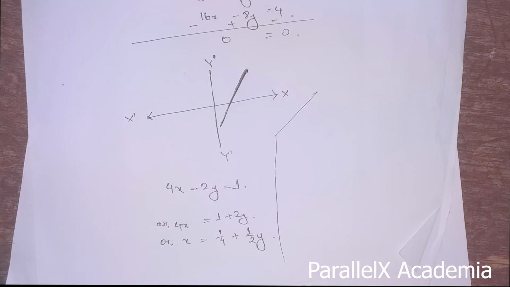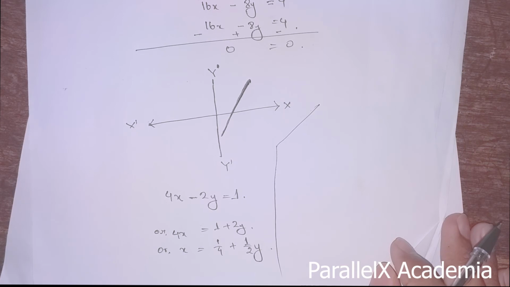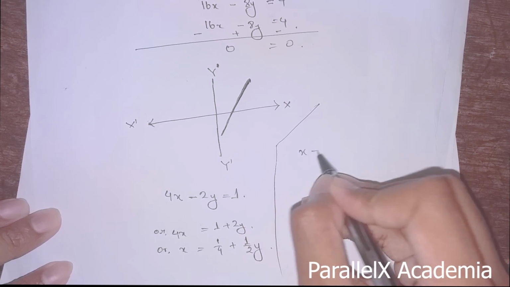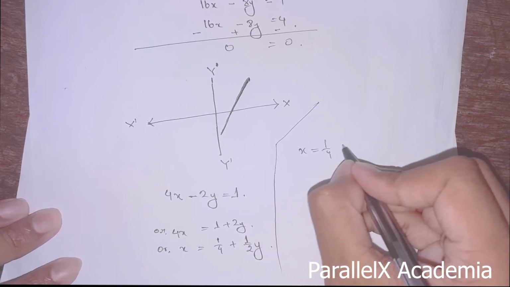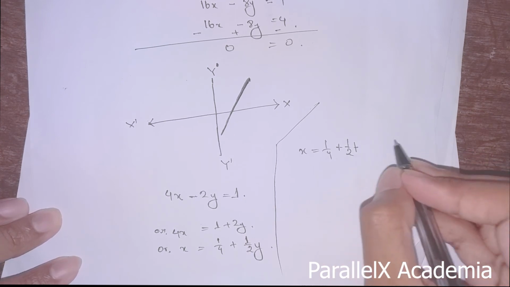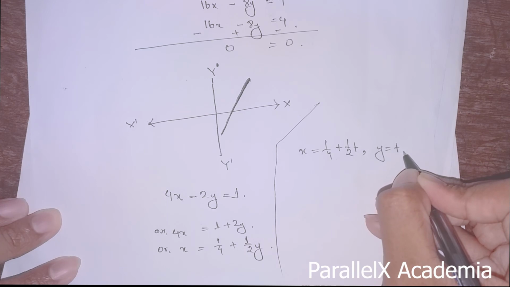This is called a parameter. This allows us to express the solution by a pair of equations. We can say that x equals 1 by 4 plus 1 by 2t, comma, y equals t.